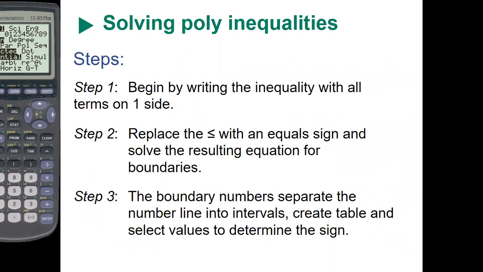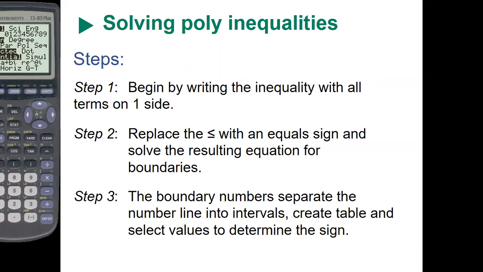And you're just going to create a table and select values to determine the sign, whether they're positive or negative. And then you're just going to identify, because usually you're solving down to, is it greater than 0 or less than 0? If I'm greater than 0, then I'm looking for positive signs, right? If I'm less than 0, then I'm looking for negative signs.